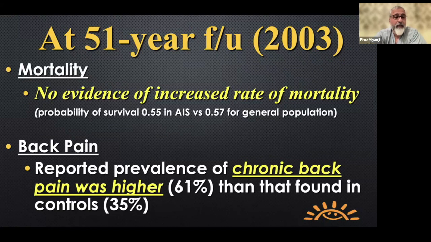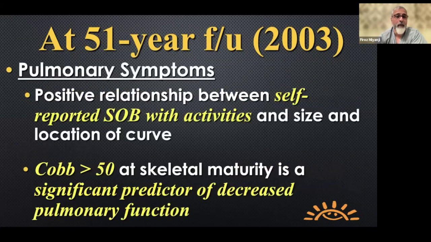But again, other metrics like back pain were reported higher, almost double that in their controls, 61% to 35%. So patients that do have AIS into adulthood that have curves that will progress will complain of more chronic back pain. What about pulmonary symptoms? Well, there was a positive relationship that they noted in their cohort between shortness of breath on exertion and both size and location of the curve.